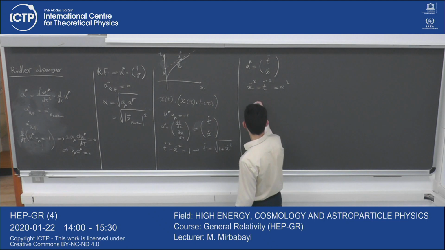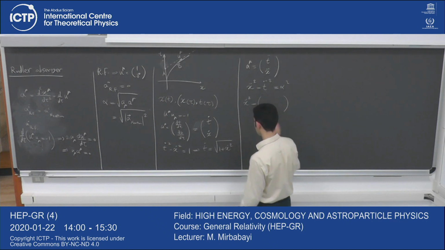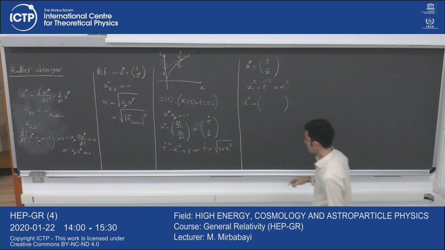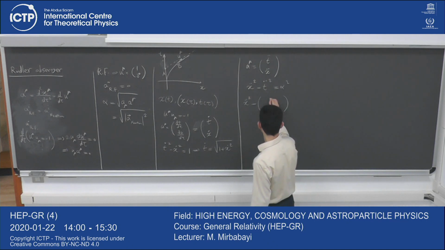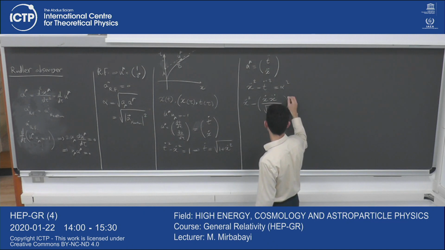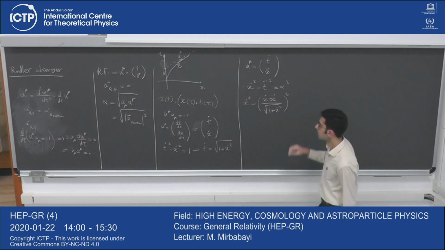So t dot is given by this, therefore t double dot will be, so we have x double dot squared minus t double dot squared. So what is t double dot? It is x double dot divided by the square root of 1 plus x dot squared, and then the whole thing is squared.